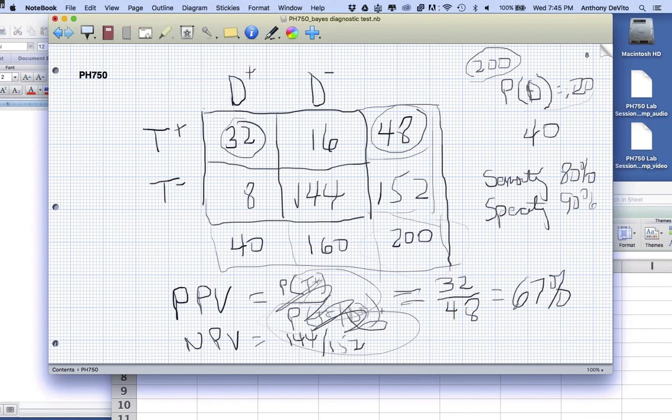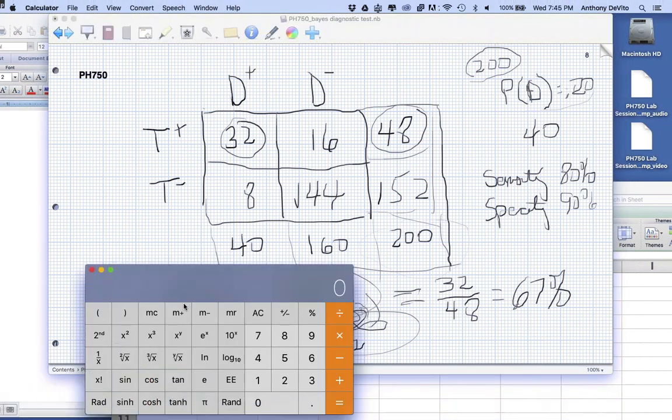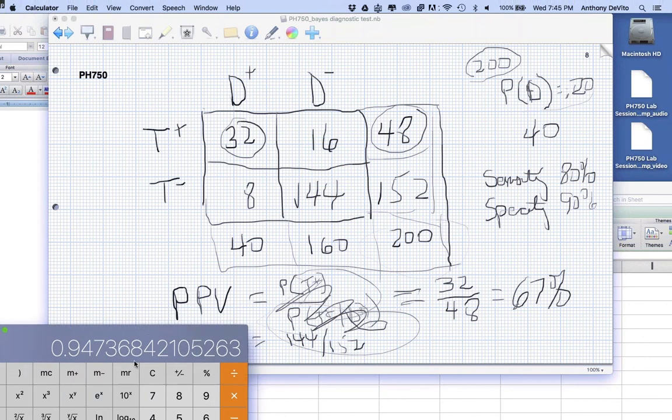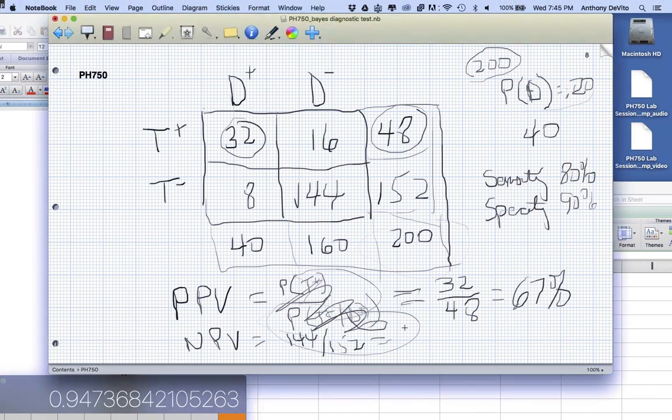So our negative predictive value is 144 divided by 152, which is 95%. So if you get a negative test, you're 95% certain that you don't have the disease.